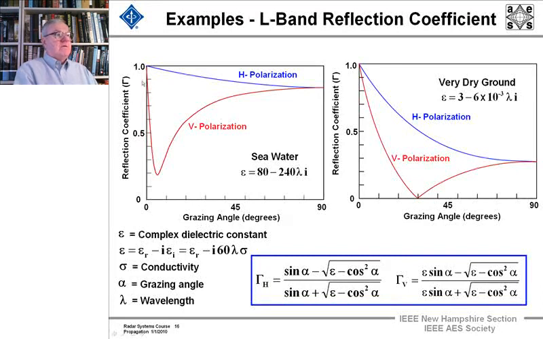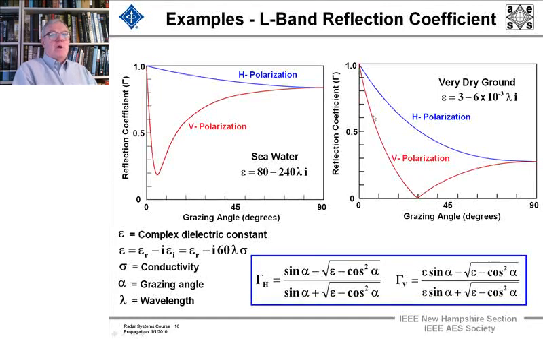So if you have a very low grazing angle and you're horizontally polarized, you're going to get a reflection coefficient very close to 1, and you're going to have that factor pi thrown in, so you'll have a lot of multipath.